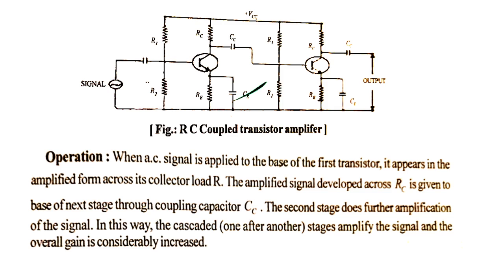The amplified signal developed across RC is given to the base of the next stage through the coupling capacitor CC. The second stage does further amplification of the signal.